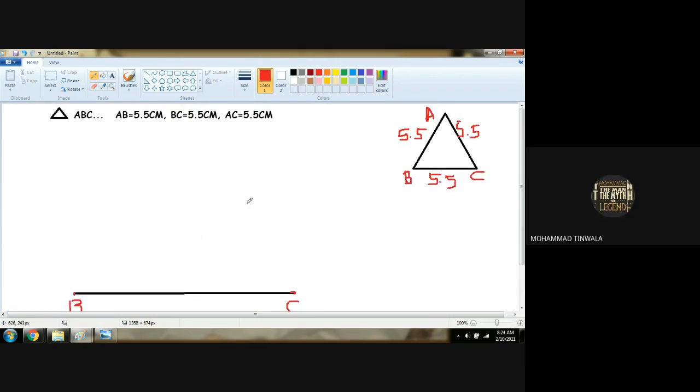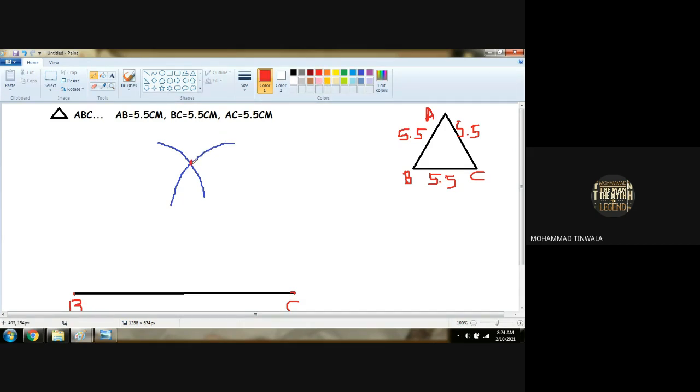Now taking center point B with the same measure, open rounder and pencil up to 5.5 and taking center point B, draw an arc on the top. Draw an arc on the top with the same measurement, because here also it is 5.5 only. So by taking center point C, draw an arc on the top in such a way that it intersect to the other arc.